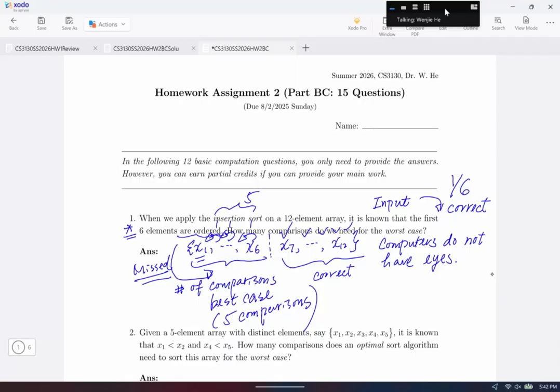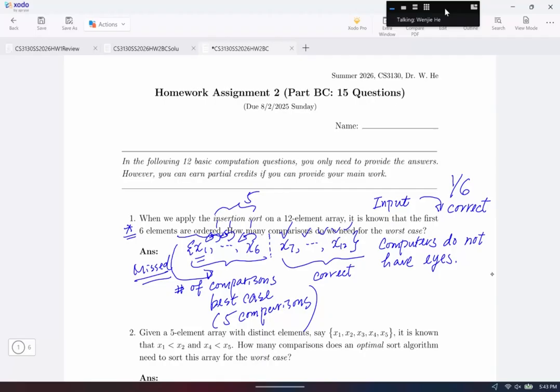So for the first half, you have to do it. You cannot just jump to element 7 and then start insertion. That logic is not right. You need to run your whole insertion algorithm from beginning to end, because checking whether the first 6 elements are ordered is very expensive, not worth it.